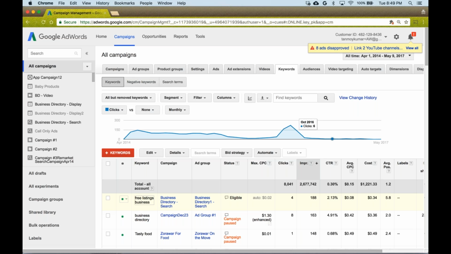Any other questions on keyword matching options? Any other questions on this?